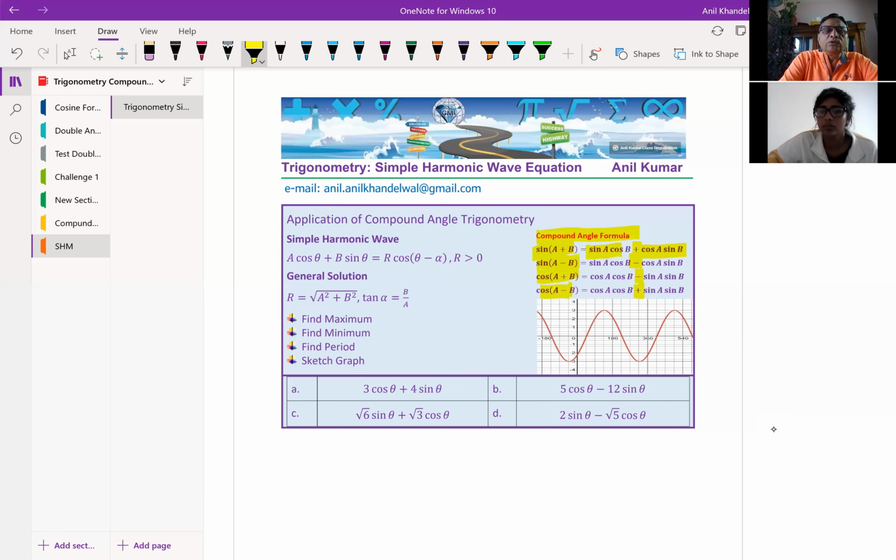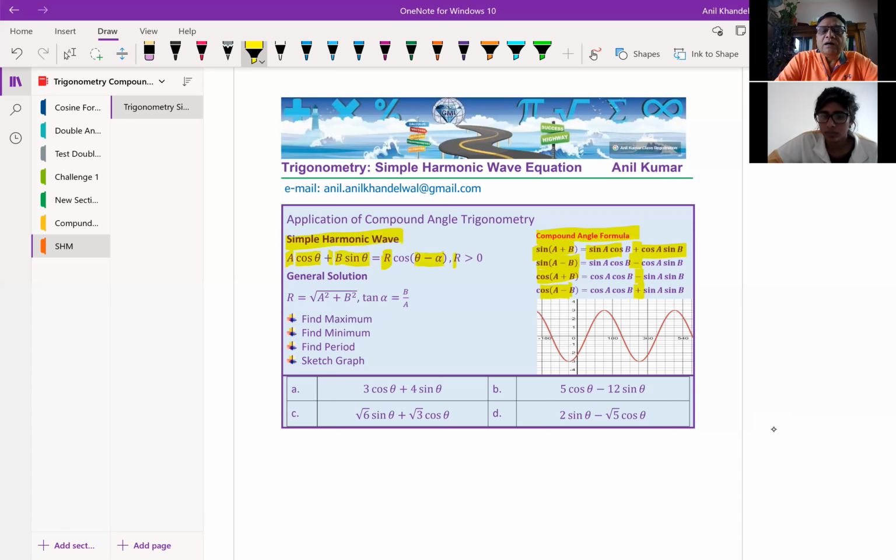Today, we are going to talk about the simple harmonic wave, where we have a combination of sine and cosine. The general equation will be of the form A cos theta plus B sine theta. Now, this kind of equation can be written as R cos of theta minus alpha. So every equation which is a combination of sine and cosine can actually be written as just a cosine function, as shown here, R cos of theta minus alpha.